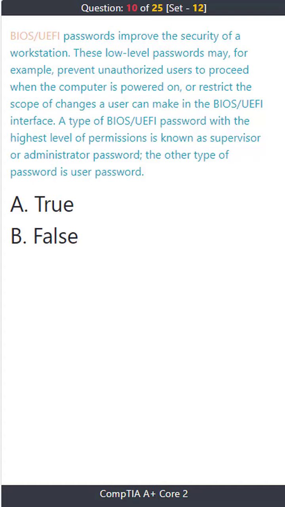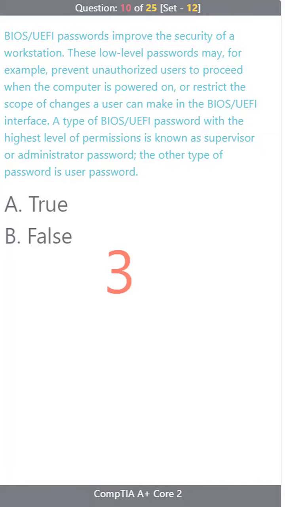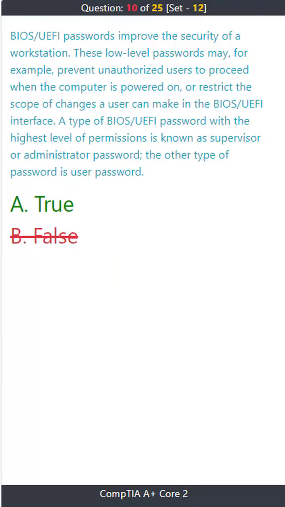A type of BIOS/UEFI password with the highest level of permissions is known as supervisor or administrator password. The other type of password is user password. A. True. B. False. The correct answer is A. True.